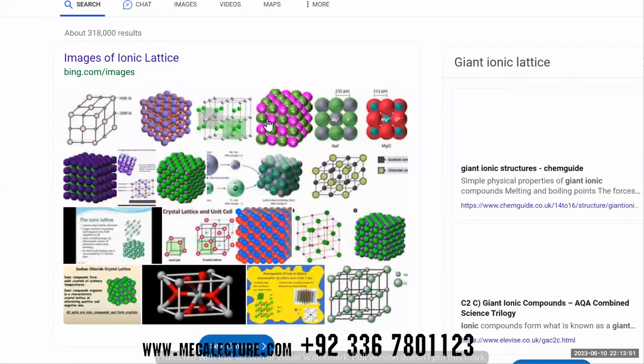Let me put up a picture. So, here's your typical ionic lattice.